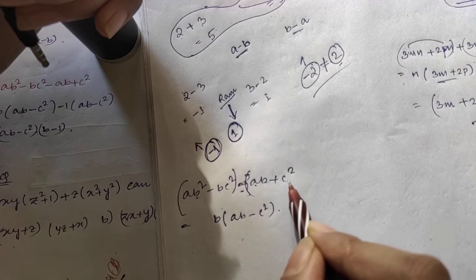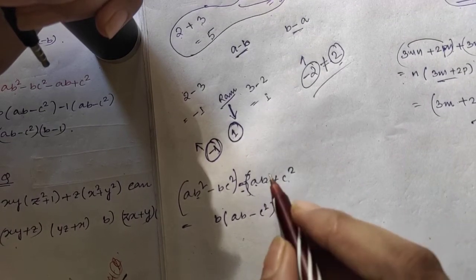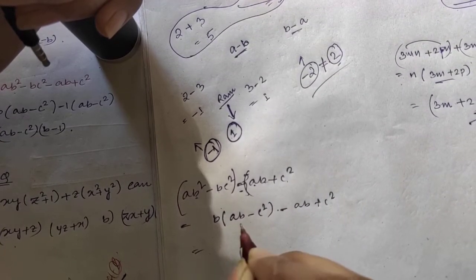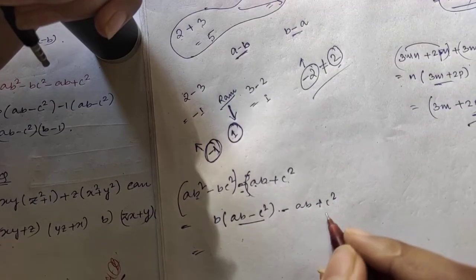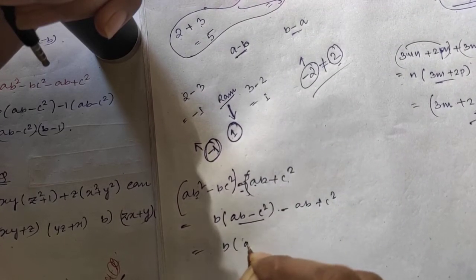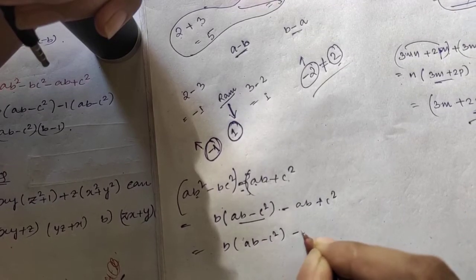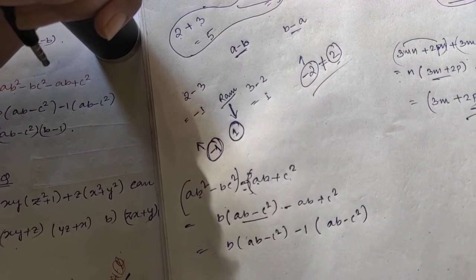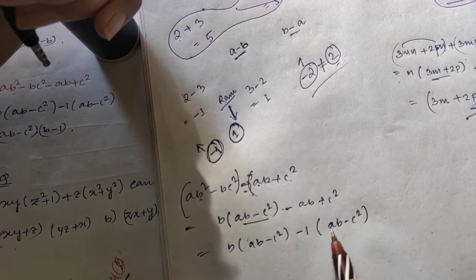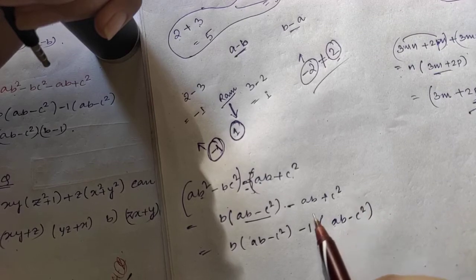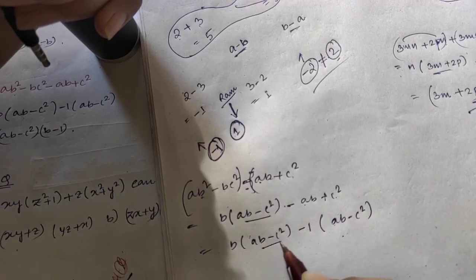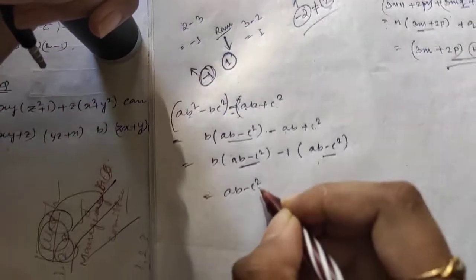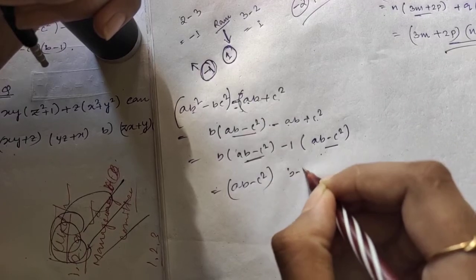Now here, minus ab plus c square, but here I have got ab minus c square. So can I write it like this? If I take minus 1 common, then it will be minus of ab minus c square. So now these two have the common term ab minus c square, and b minus 1.